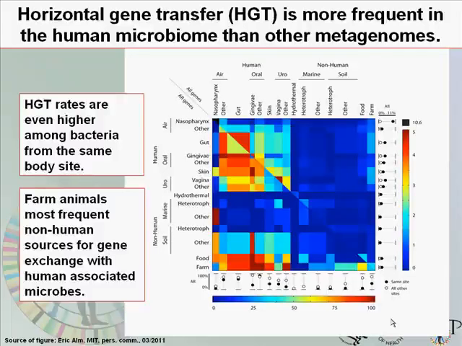So horizontal gene transfer, let me just read you the title, is more frequent in the human microbiome than other metagenomes. The way Eric approached this, I don't know the computational tools that he used, but he compared metagenomes available in the public databases, and through some computational analysis tried to understand how much horizontal gene transfer was occurring in different kinds of microbial habitats. Okay, so let me walk you through this heat map.